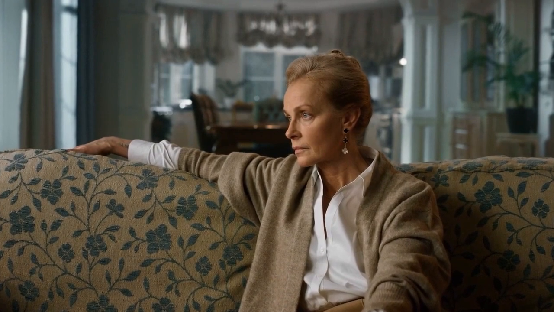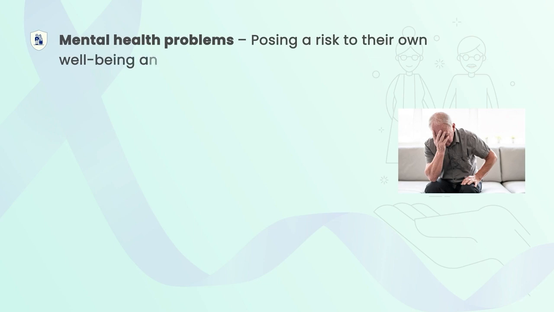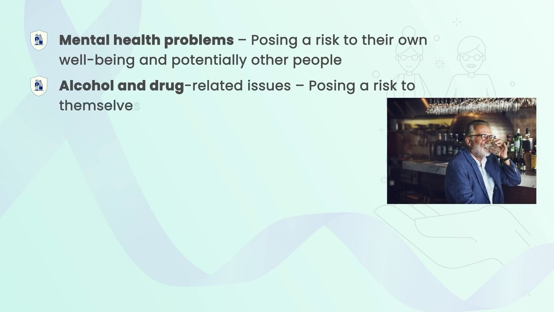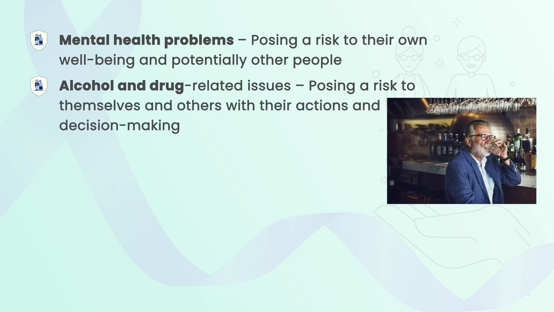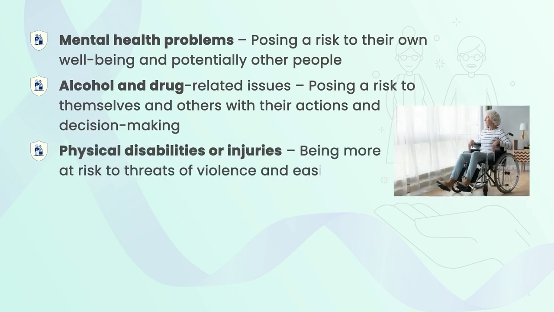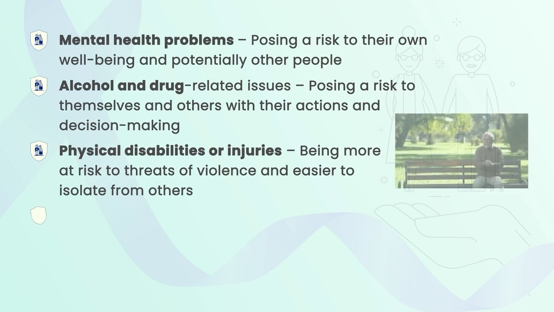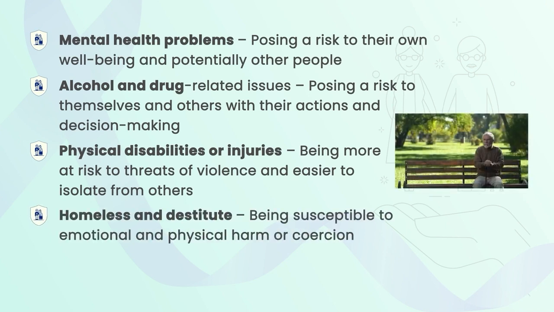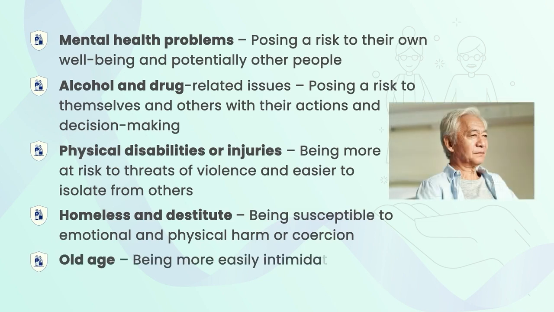These could include such contributing factors as mental health problems, posing a risk to their own well-being and potentially other people; alcohol and drug-related issues, posing a risk to themselves and others with their actions and decision-making; physical disabilities or injuries, being more at risk to threats of violence and easier to isolate from others; homeless and destitute, being susceptible to emotional and physical harm or coercion; old age, being more easily intimidated or manipulated.